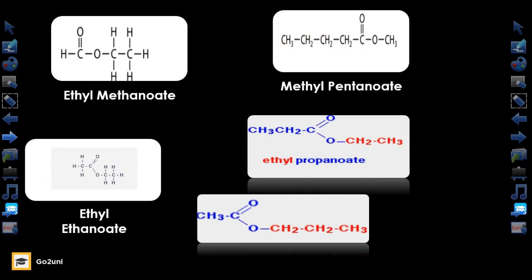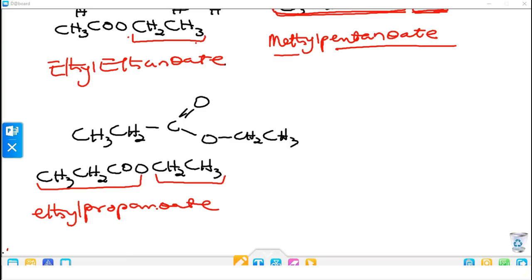Now, this is given to us. What is the name? We don't know the name, so we are going to go ahead and pen down this structure and then provide the name. But before we do so, I would like you students to go ahead of me and attempt to give the name. Can you do that?